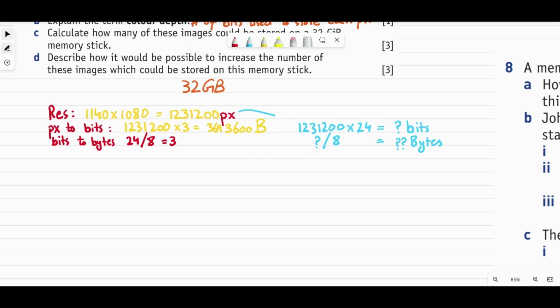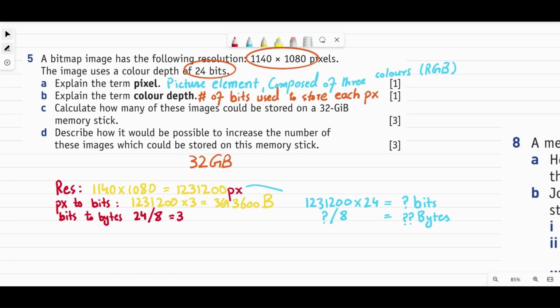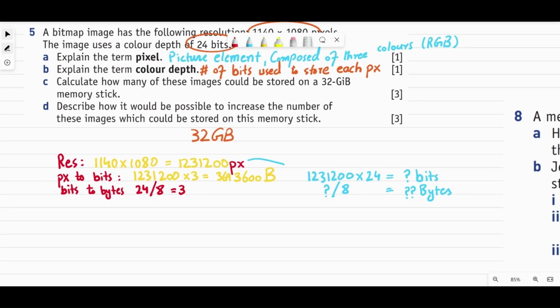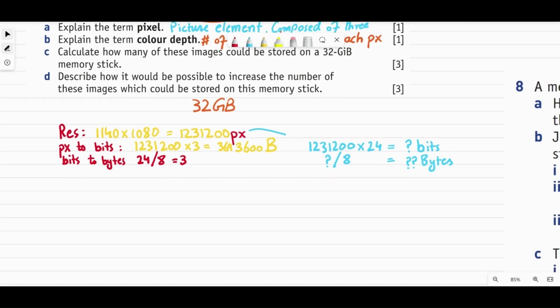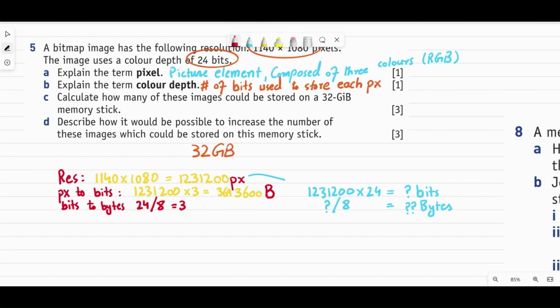Right, so bits to bytes, we have done it. Now we need to divide 32 GB by the size of a single image, to know how many cuts on 32 GB by that image size. But we have got the image size in bytes, so we would need to convert the single image to gigabytes. That would be too much of a division.